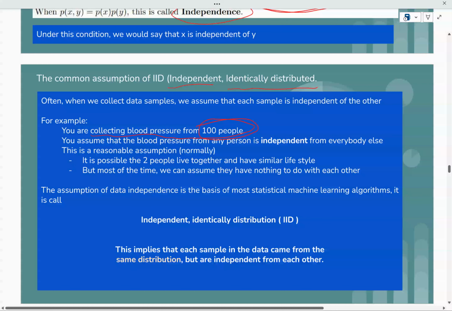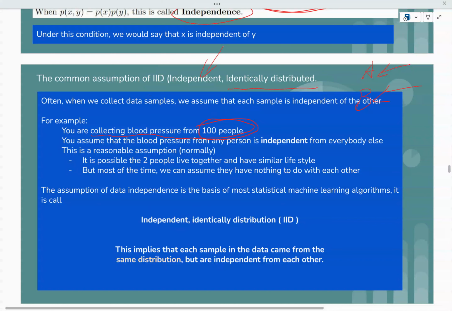We want to assume that the blood pressure from person A has nothing to do with person B. If person A has high blood pressure, and you randomly pick another person, person B, assuming they're not related or have anything to do with each other, the blood pressure from A should not influence the blood pressure from person B. That's what independence means. So when we collect data, we like to make that assumption.